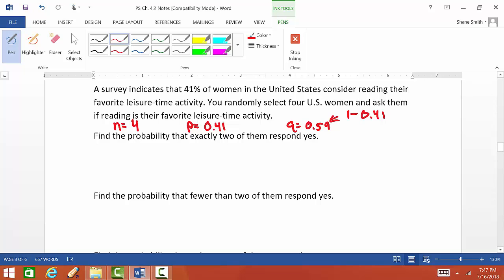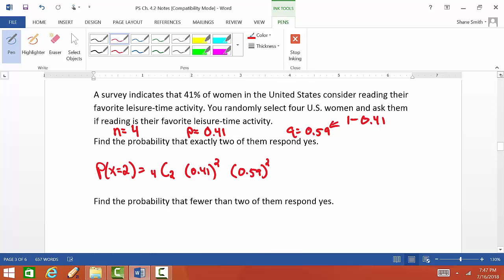And we want to find the probability of exactly 2. So we want the probability that exactly 2 women of the 4 respond yes. Of the 4 women, we're choosing 2 to respond yes. For our probability of success, that's 0.41 to the second because we want 2 to respond yes. And if we have 2 successes, that means we have 2 failures, right? That's exactly what our formula says up here.